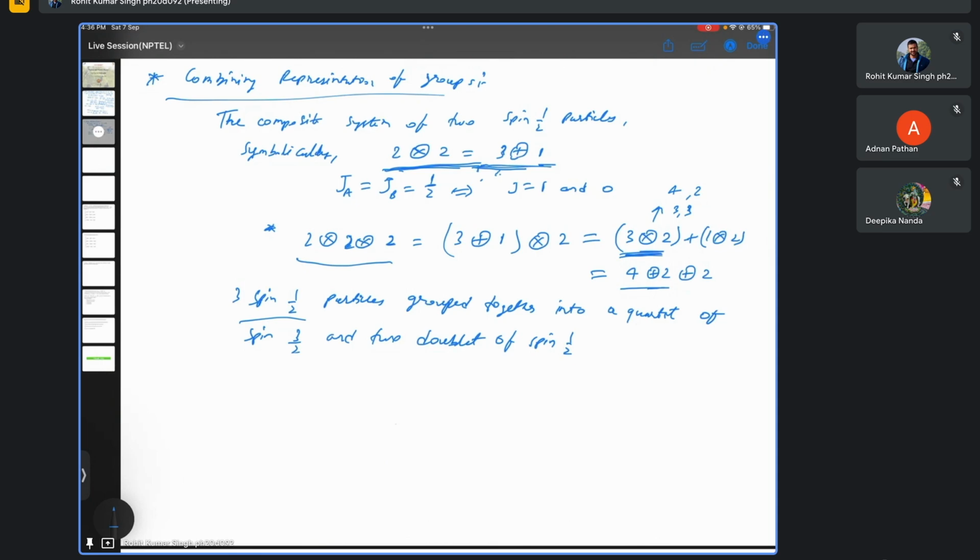But I think there must be something else to it. Naively, because we already have a triplet grouping together here, we should get something more. We should not get the same thing again.